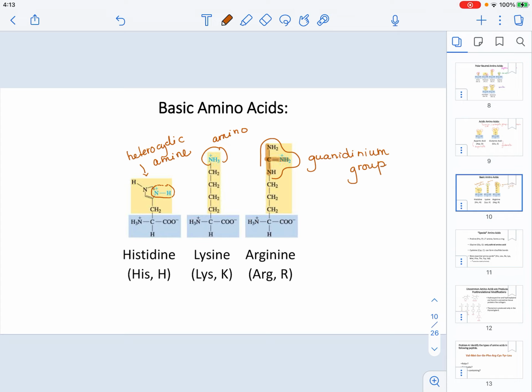This guanidinium group, specifically at the nitrogen that is double bonded to the carbon, is where the basic nitrogen of the system is present.